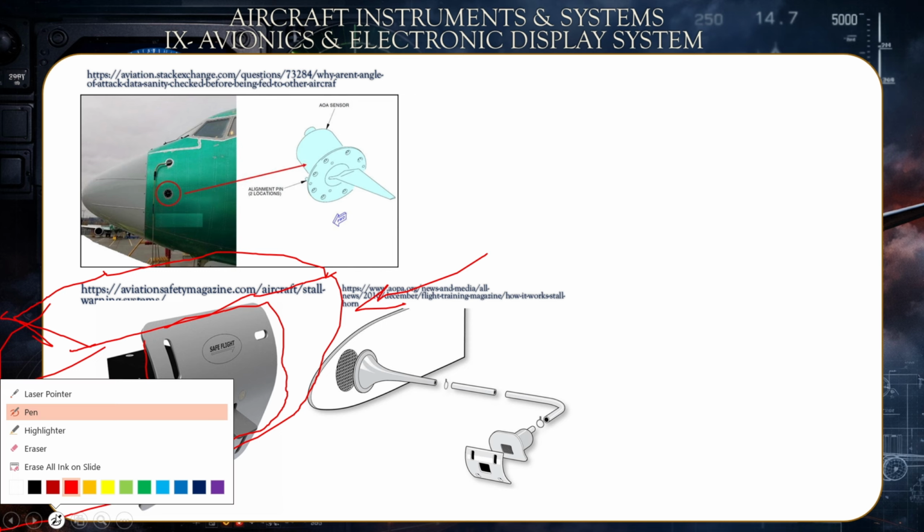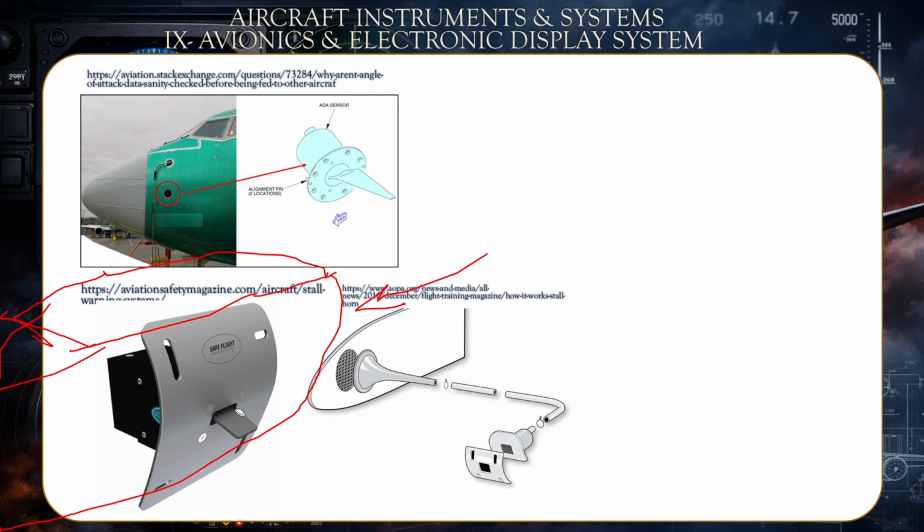So let me erase a little bit over here. When the air is flowing normally and without disturbance, like when it is flowing in a laminar flow characteristic, which is around the trailing edge, this means that the aircraft is generating lift.